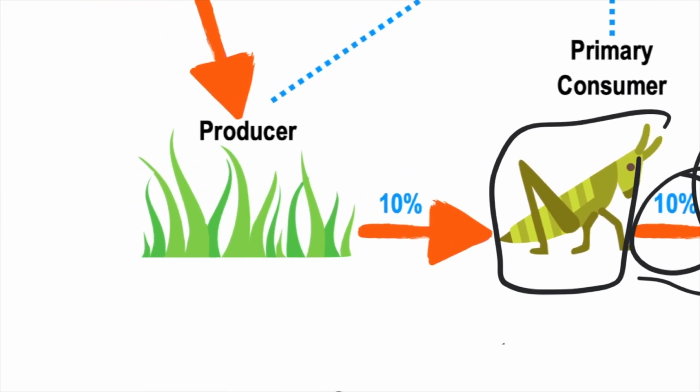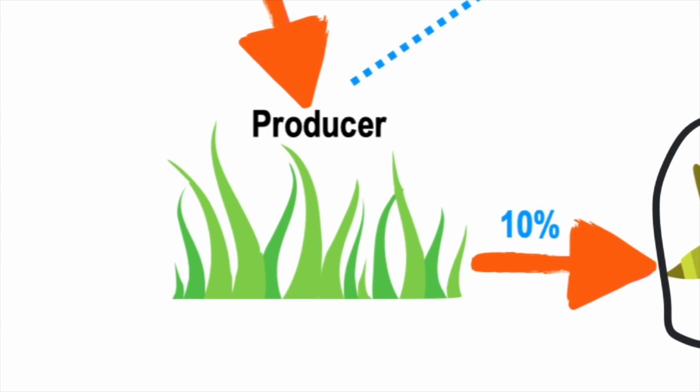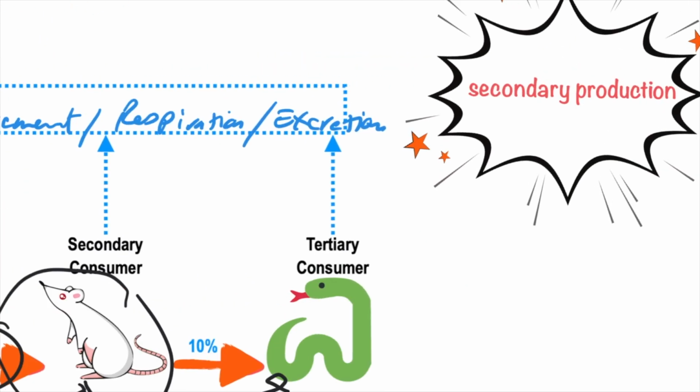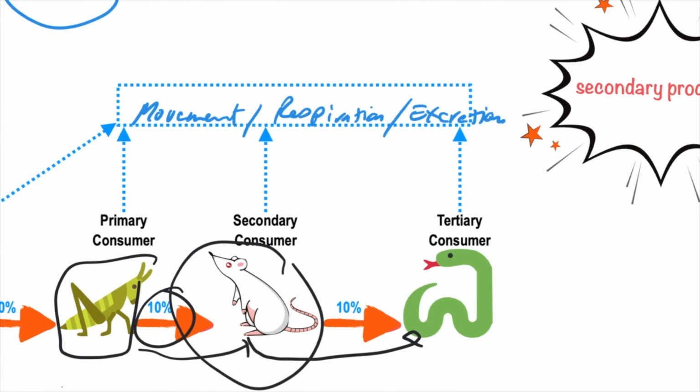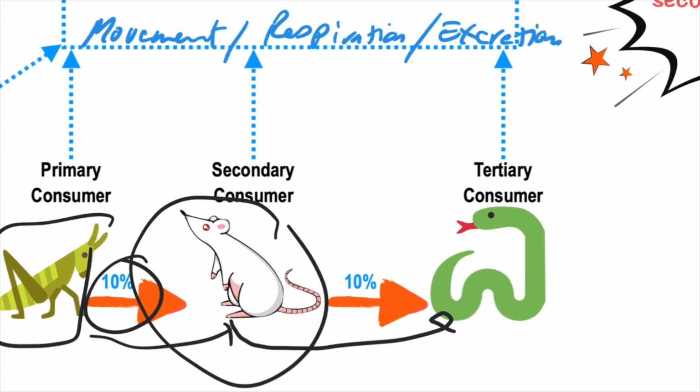Usually, as we said earlier, we call the energy available in a plant primary productivity. The energy available in an animal, we call secondary productivity. So secondary productivity is how much energy is available in this mouse to be presented to the next trophic level, to the snake here.